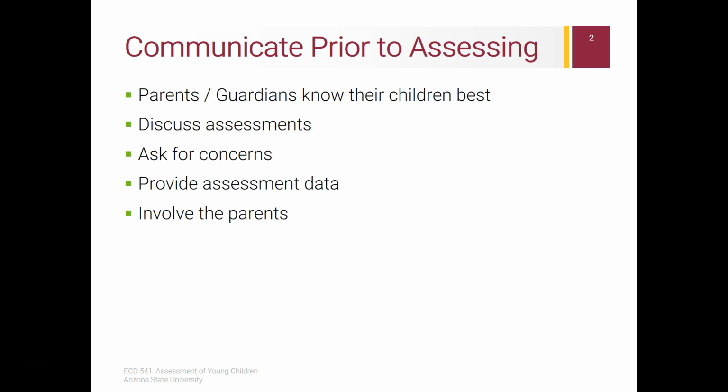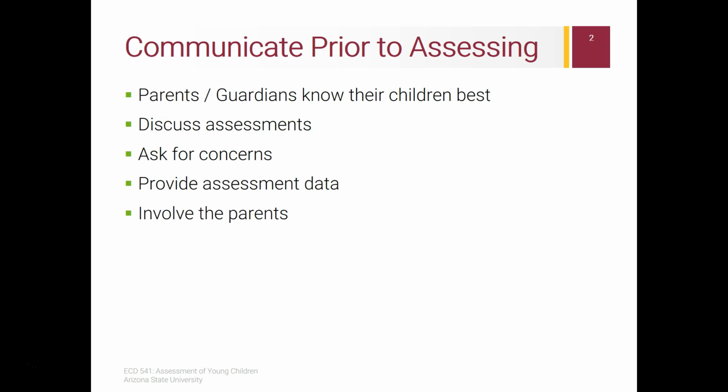Sometimes children behave differently at home and school. Providing assessment data can help chart progress towards any areas of concern. It is also a good idea to make parents aware of any formal assessments that may occur. Provide information not only about the assessment process, but also how it impacts the child.